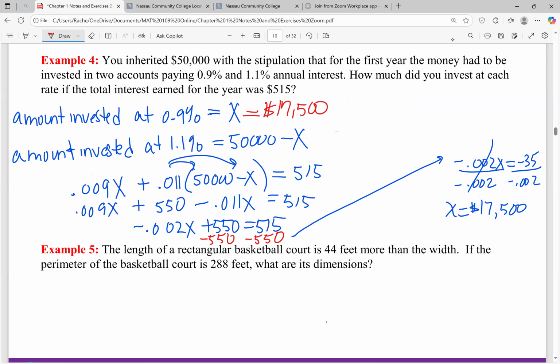And now the amount invested in the other account that earned 1.1% interest was 50,000 minus X, or in this case, 50,000 minus 17,500. And that's $32,500. And that would be your answer.